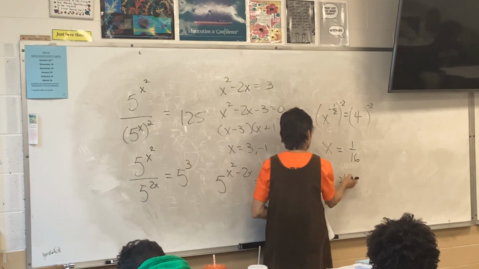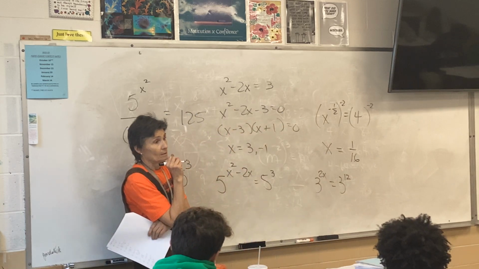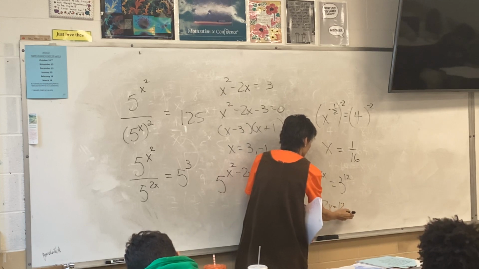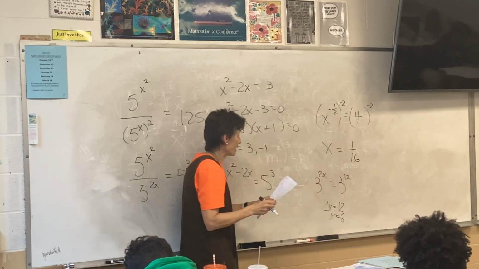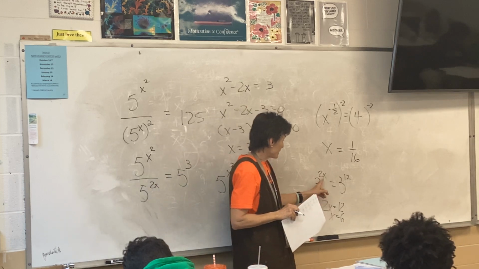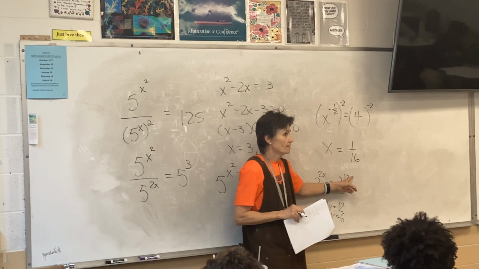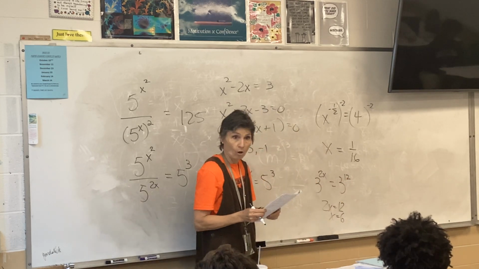Easy one. 3 to the 2x equals 3 to the 12. 2x equals 12, and x equals 6. Again, if this had been 3 to the 2x equals 5 to the 12, then I would have logged both sides and done my logarithm things.